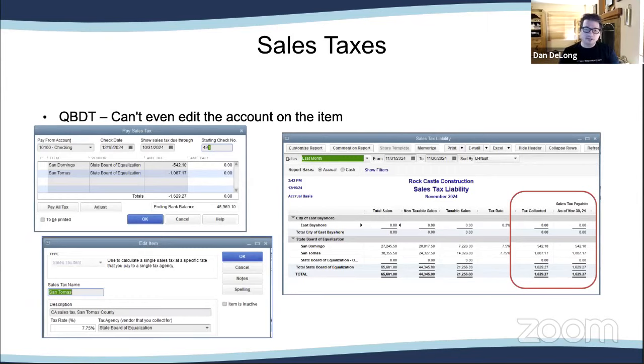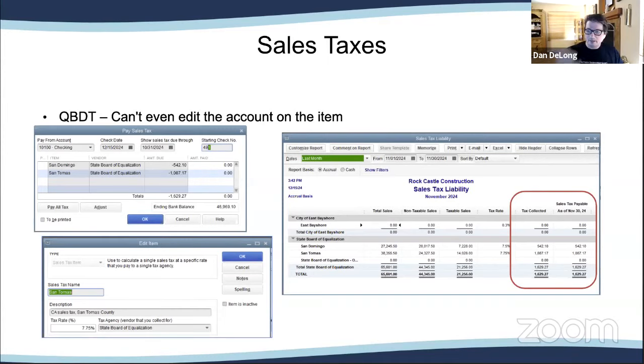But you can see here in the lower left, when you're creating an item, you can't even tell it where to point that on the balance sheet or that account. So it's hard coded. Sales tax payable is only available by using an item or a sales tax item, or grouping those sales tax items together.